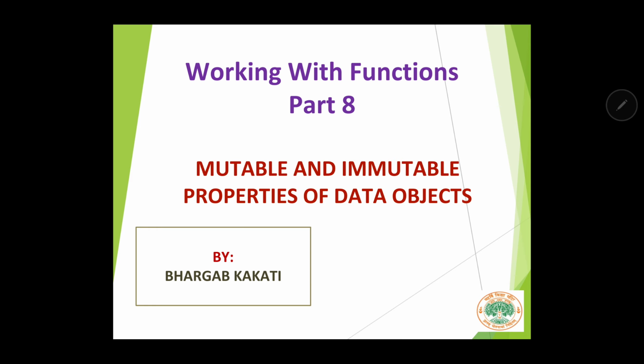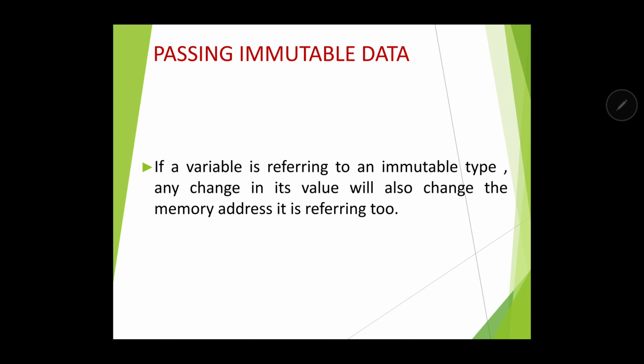So in this part we are going to discuss how a function will behave if we pass a mutable object and how a function will behave if we pass an immutable data object. Let's begin with the immutable data objects. Remember this point: if a variable is referring to an immutable type, any change in its value will also change the memory address it is referring to.